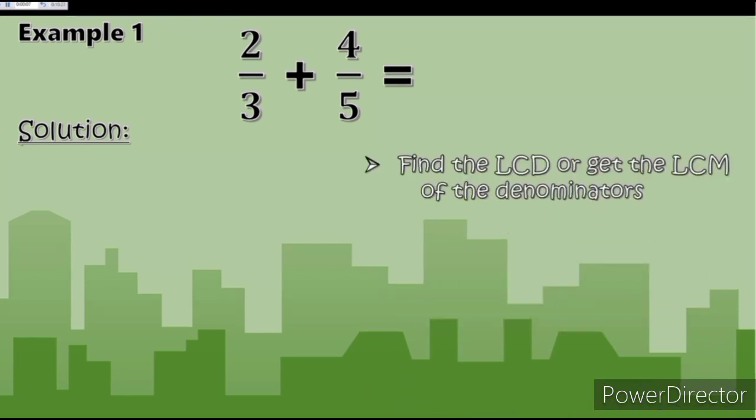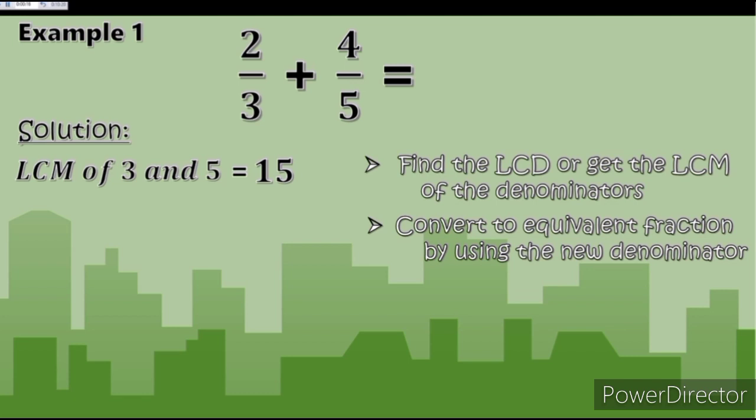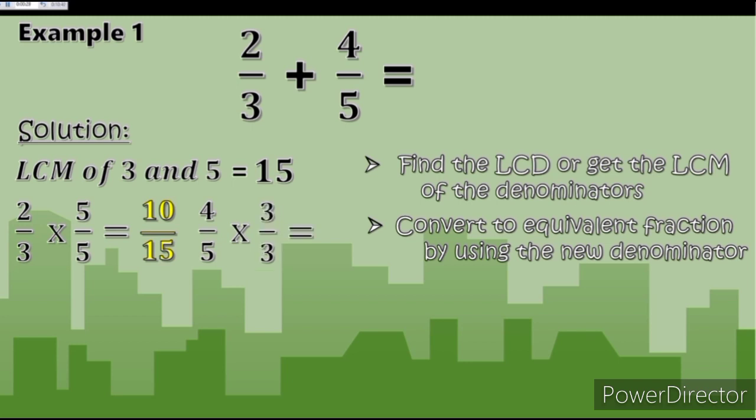First, find the LCD or get the LCM of the denominators. The LCM of 3 and 5 is 15. Next, convert to equivalent fractions by using the new denominator. 2 over 3 times 5 over 5 is equal to 10 over 15. Next is 4 over 5 times 3 over 3.